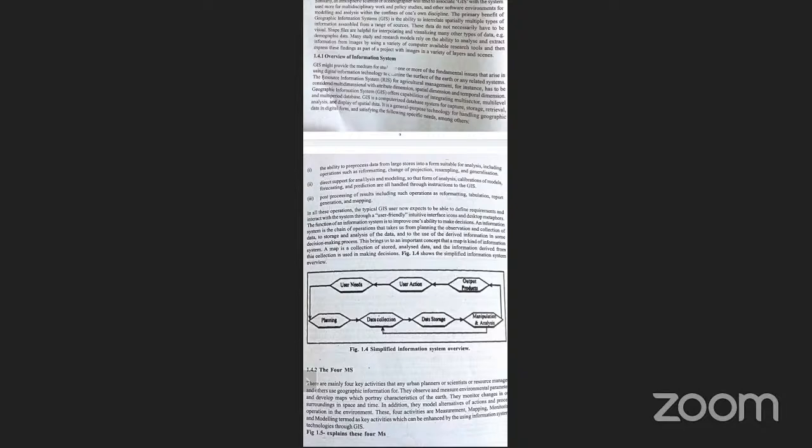The first is the ability to process large data stores into a suitable form for analysis, including operations such as reformatting, change of projection, resampling, or regeneration, and direct support for analysis and modeling. So analysis, calibration, models, forecasting, and prediction are all handled through the GIS structure.